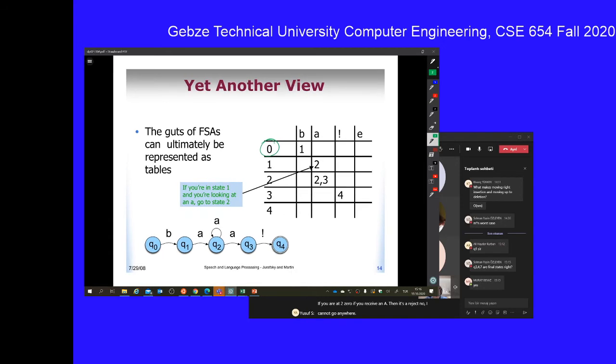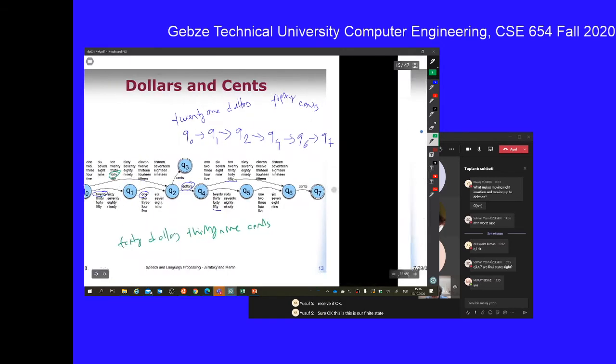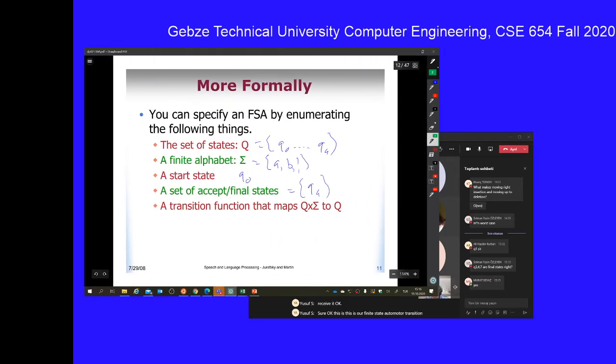If you are at Q0 and you receive an exclamation mark, you don't go anywhere. You should not receive it. This is our finite state automata transition table. Remember, there are formally states, alphabet, start state, accept final states, and the transition function.